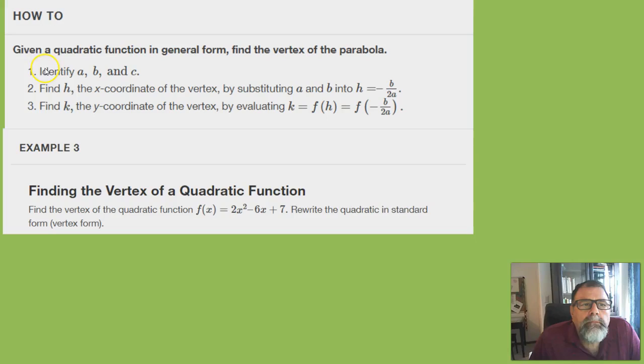All right. How to, given a quadratic function in general form, find the vertex of the parabola. So 1, you identify a, b, and c. Find h. So that's step 2. The x-coordinate of the vertex, you find by substituting a and b into this formula: h is equal to the opposite of b over 2a. And if you read the textbook, they showed you where that comes from.